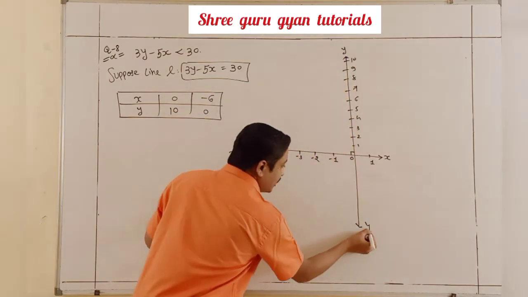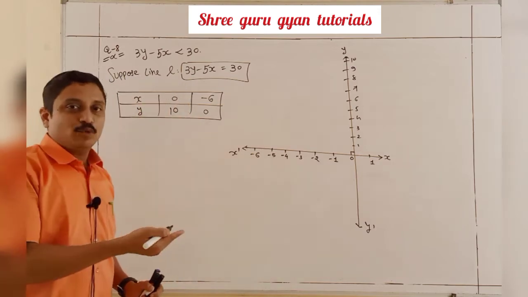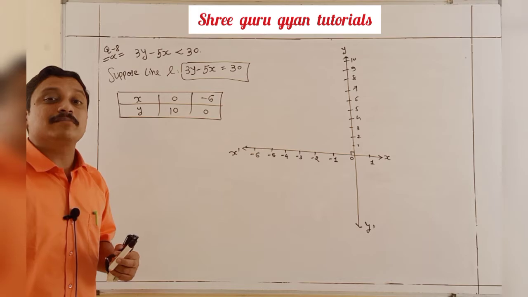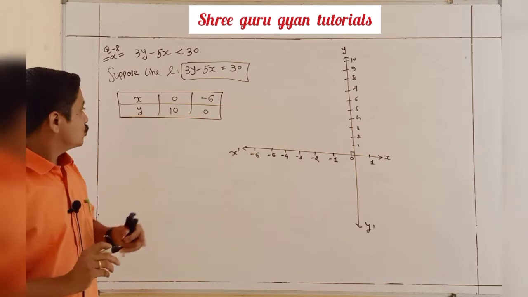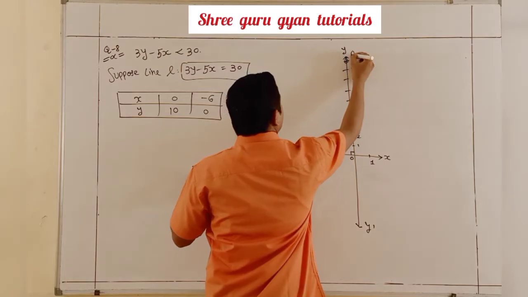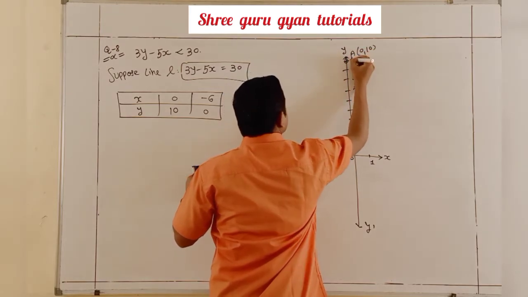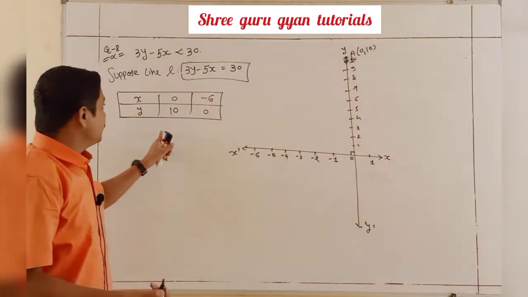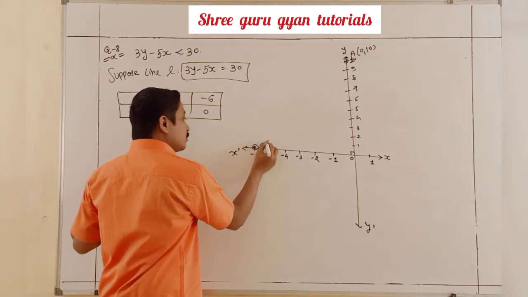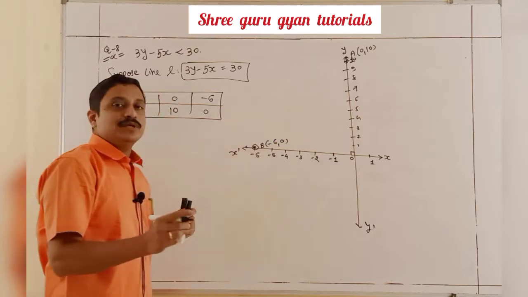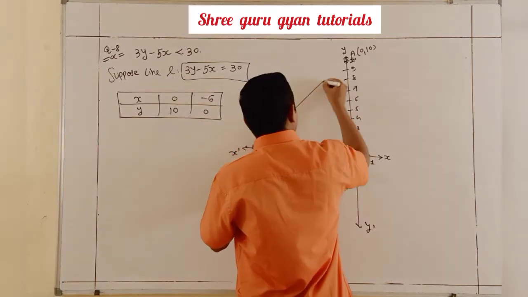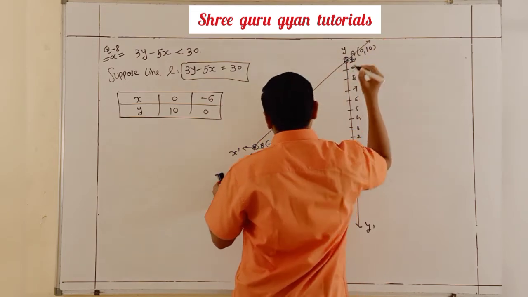I put it approximately, but you should put exact measurement, 1 centimeter. So first x = 0, y = 10 is point A (0, 10), and second (-6, 0), point B. Both are joined. So students, if you join A to B, my first line is made in this portion.